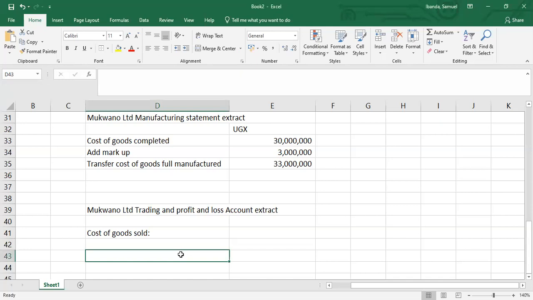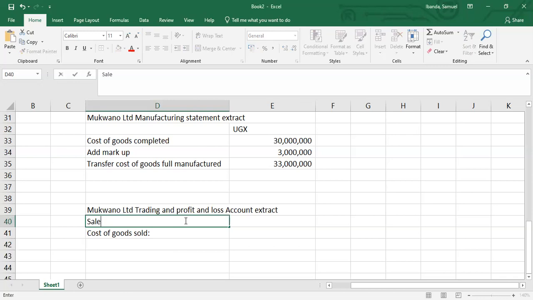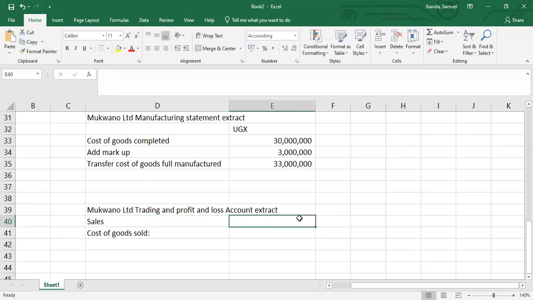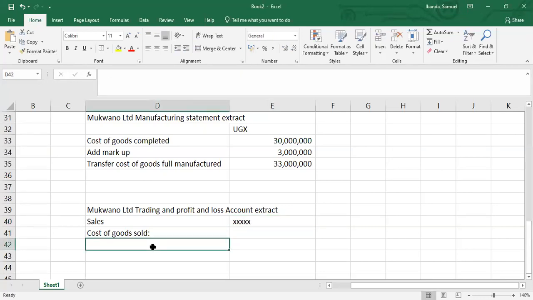So basically for the sales, we don't have anything, so this can just be put as X. Under cost of sales, we said we are having opening stock of goods fully manufactured, or finished goods.